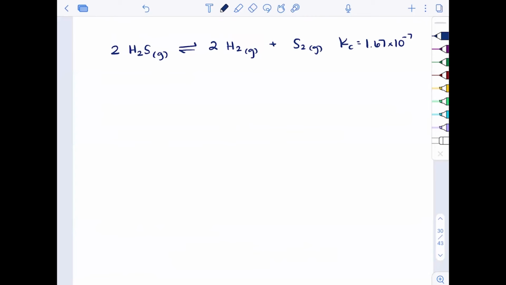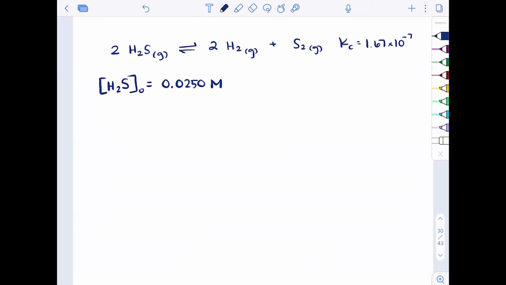Notice that Kc value is extremely small. Reactants are favored. So if I had an initial concentration of H2S of 0.0250 molar, what I can start to assume is whether or not x is small.